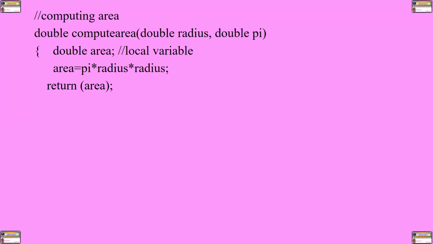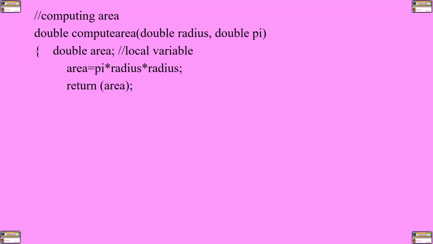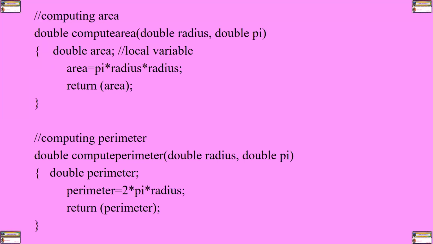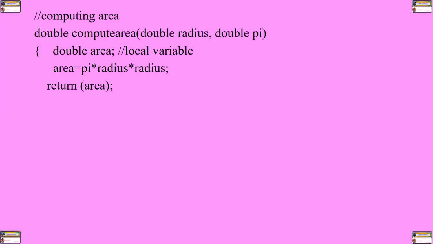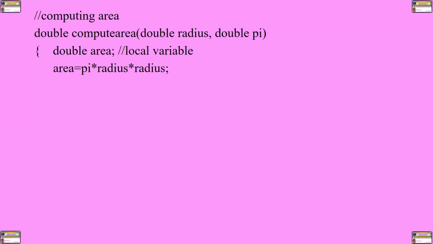Now, my dear students and the rest of the learners, as you can see, this is simply a repetition for emphasis purposes. Computing area and computing perimeter. It's important to note the difference. Here we are computing the area, and the emphasis is on the local variable and the parameters.